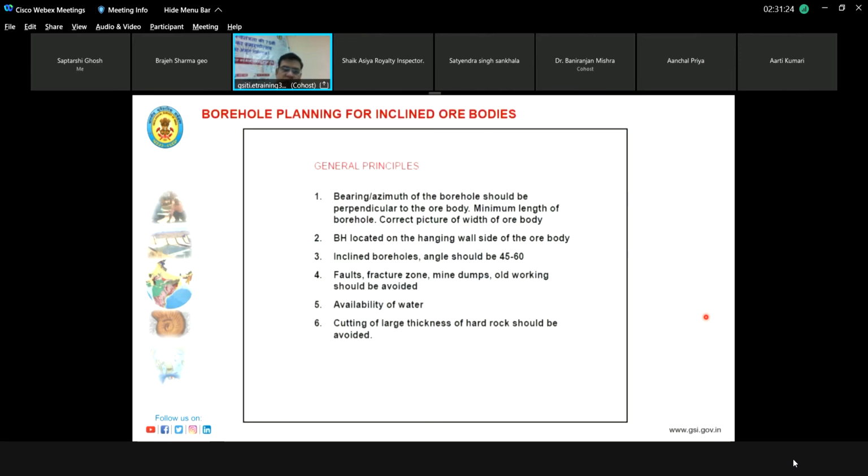General principles for inclined boreholes: the bearing and azimuth of the borehole should be perpendicular to the ore body. Minimum length of borehole should be there, and it should give the correct picture of the width of the ore body from top to bottom. Then the borehole should be located on the hanging wall side of the ore body, where the dip is there.